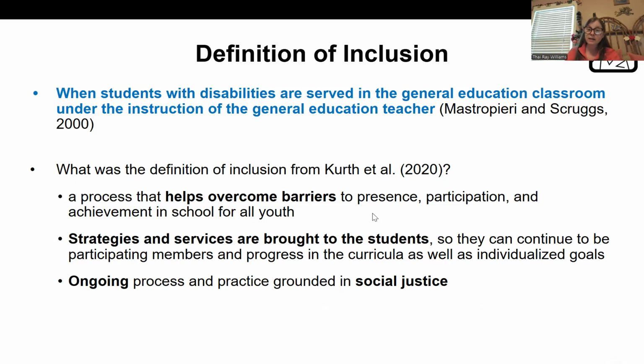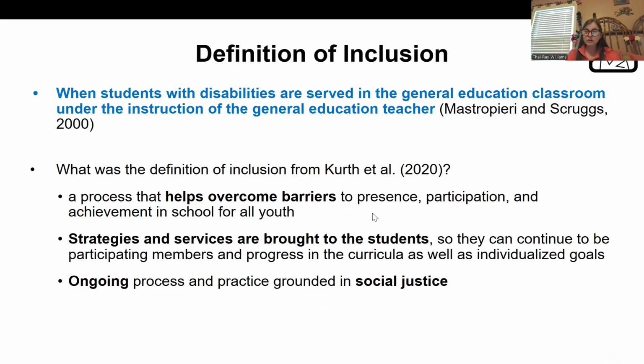And the purpose behind that is that students can continue to be participating members of that inclusive community, and they can continue to make progress not only in the curricula, but also on their IEP goals, their individualized goals.